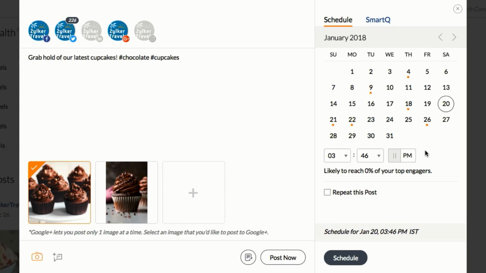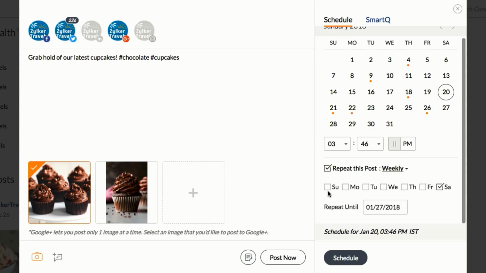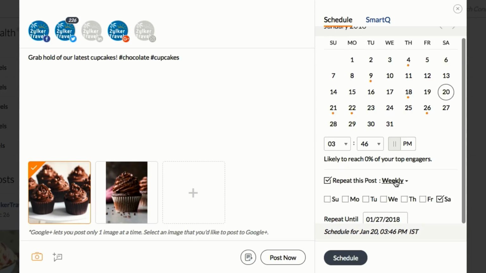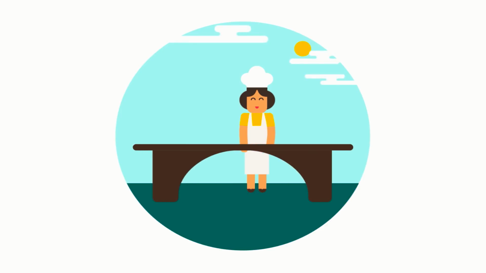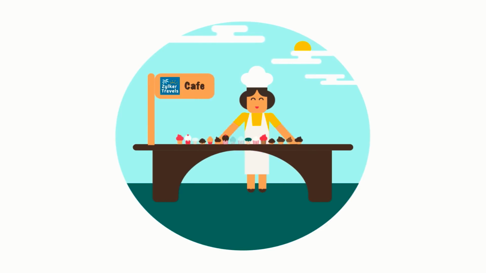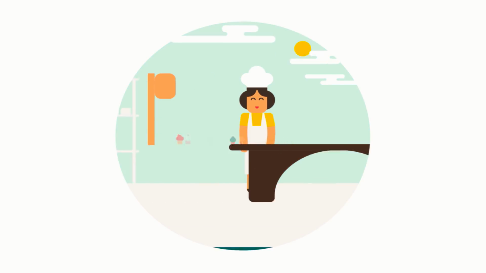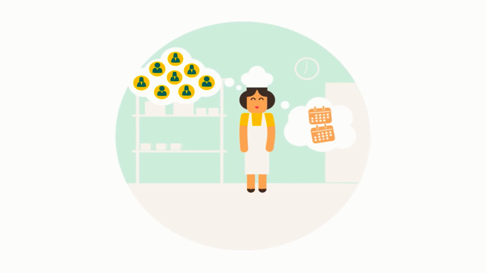And we also have another feature where you can repeat or let's say republish your posts. So let me give you an example. Millie finds out that there's an event coming up in 2 months where she will have the opportunity to tell people about her new venture. So at this event, she gets to set up a stall and exhibit her awesome cakes. Now, she definitely would like her followers to be reminded about it a few times in the days and months leading up to the event, right?